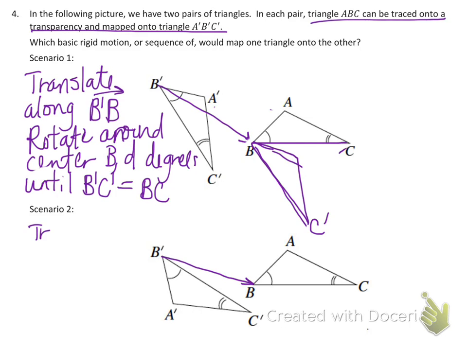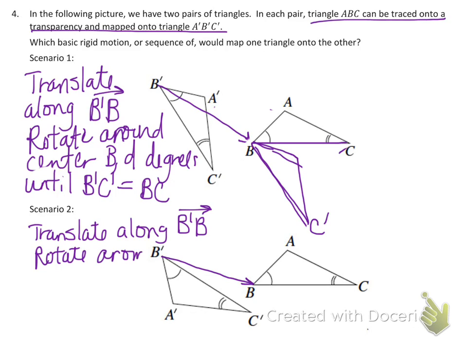So I can translate along vector B prime B, and then what do I do next? Next would be the rotation.